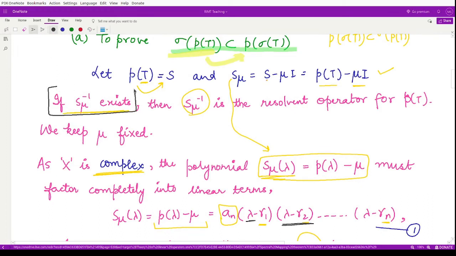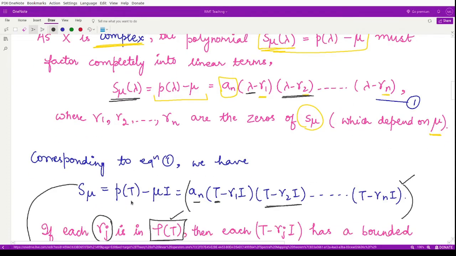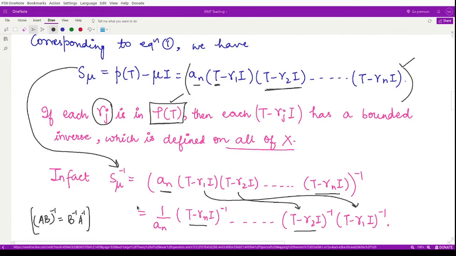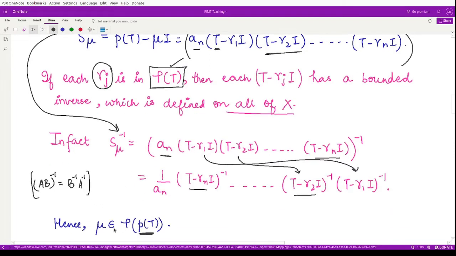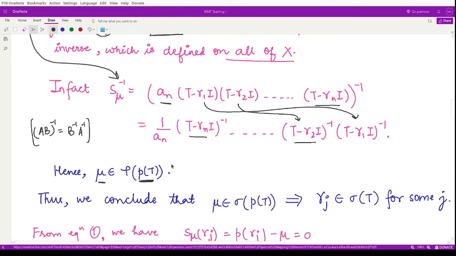If S mu inverse exists, in that case, because we are able to define an inverse operator corresponding to this S mu lambda, which is defined like this here, mu will obviously belong to the resolvent set for the operator P of t. Why P of t? Because by the definition of S of mu, you can see here that it is P of t minus mu I. So that means this is a resolvent operator corresponding to operator polynomial P of t. So therefore this is the case.